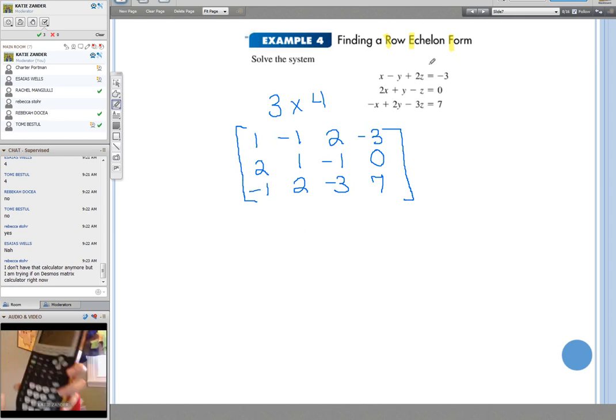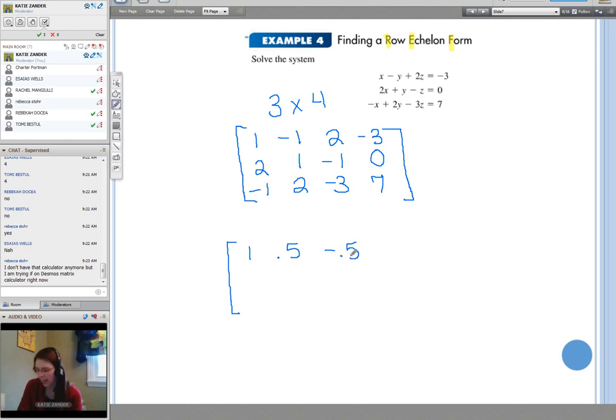So I'm going to go ahead and let's copy these down. My row 1 is a 1, 5, negative 0.5, 0. Row 2 looks like it's 0, 1, negative 1.4, and a 2.8, and that might possibly be rounded.